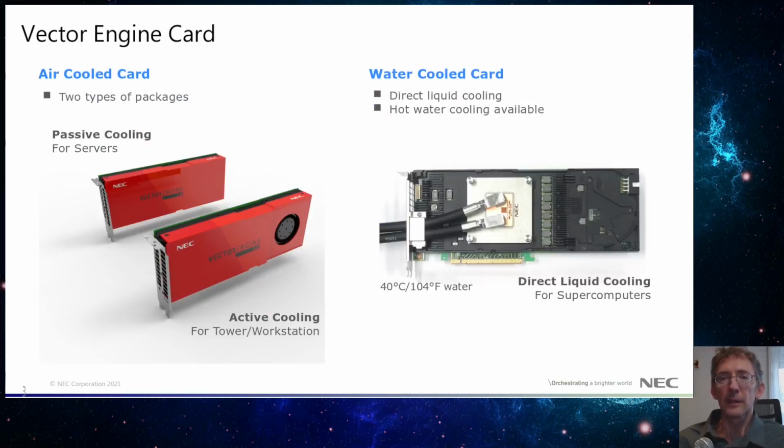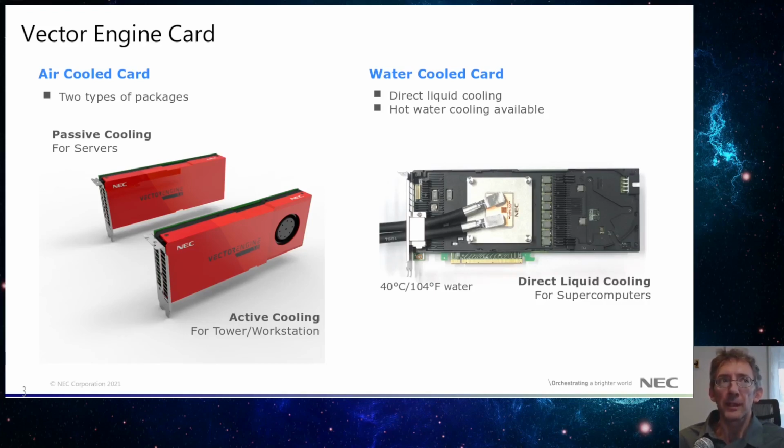Now, these big machines are now shrunk to the size of a PCI Express card, and this is what we call the Vector Engine card. The Vector Engine card comes in 3 flavors.